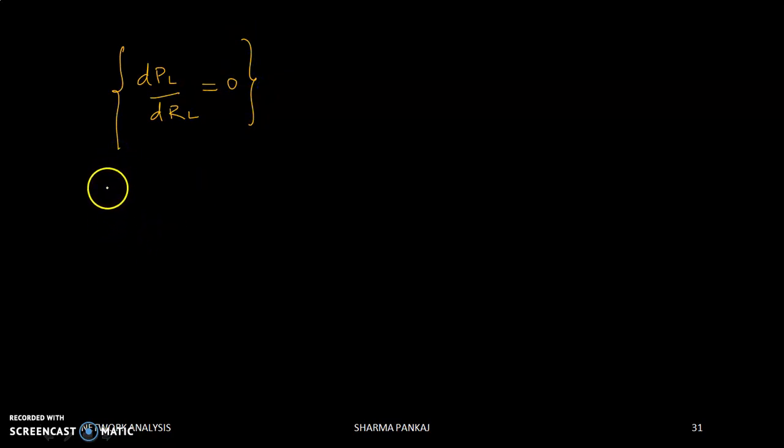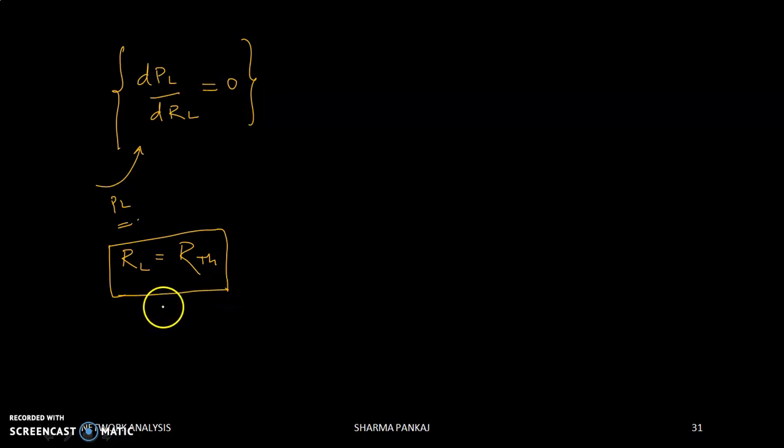Now, put the value of PL here, differentiate, and you will get the value RL equal to RTH. So the load resistance should be equal to the internal resistance of the circuit. Load resistance should be equal to the internal resistance of circuit for receiving the maximum power.